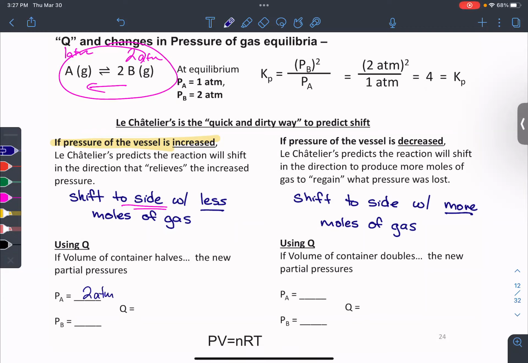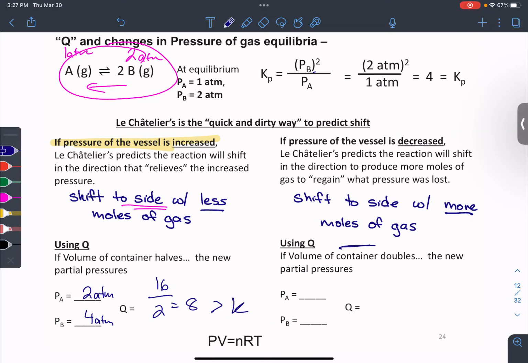The new pressure of B is something like 4 ATM. And so if I calculate Q, in this case, it's B squared over A, it's 16 over 2, so it equals 8. So 8 is larger than K. So in this example, there's too much product. It shifts to the reactant side. So this is still consistent with Le Chatelier's. So we're using numbers to back up our claims, but the quick and dirty way is fine as well.